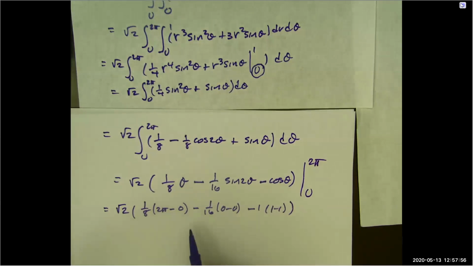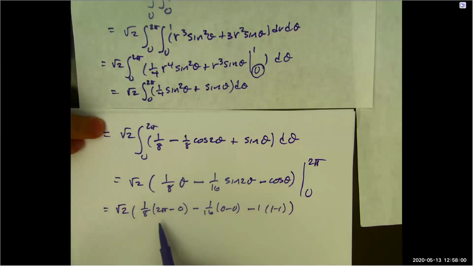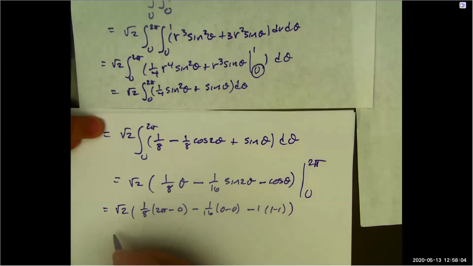And so the only thing that's not going to end up being 0 is from this first part. So we'll end up with pi times root 2 over 4. So we have 2 pi times root 2 over 8, and we can reduce it down to just be pi times root 2 over 4.